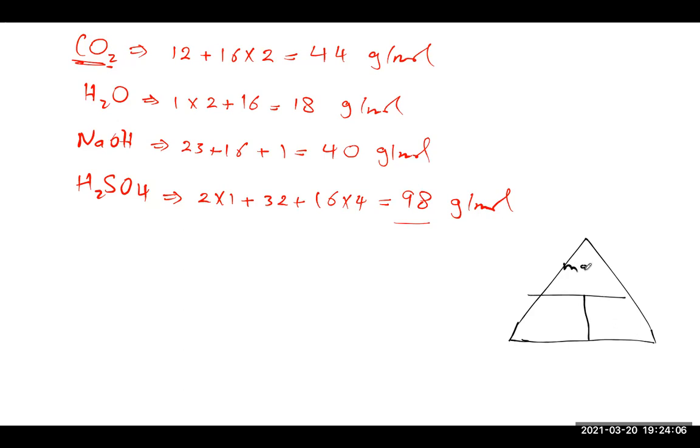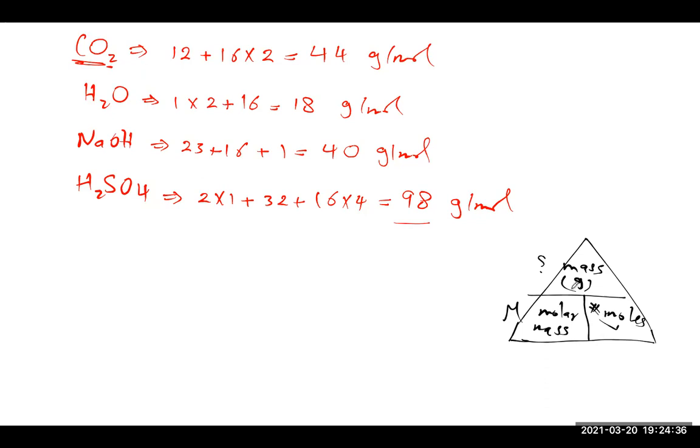Here we will have mass in grams, here we have number of moles, and here we have the molar mass. If the mass in grams is unknown, we need to multiply number of moles times molar mass. If the number of moles is unknown, we need to divide mass in grams over the molar mass.